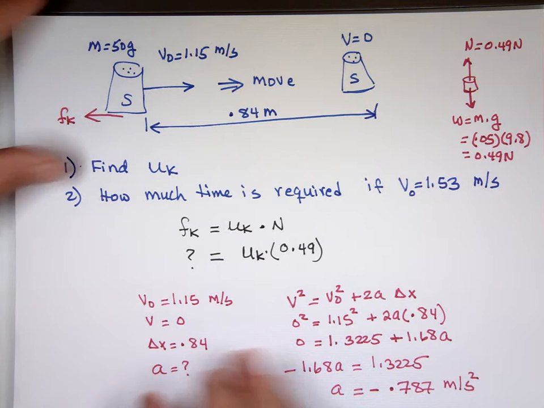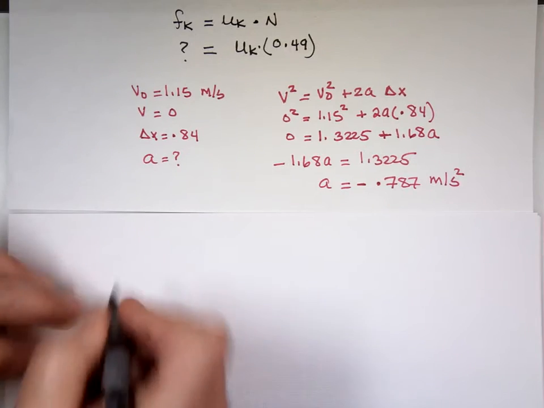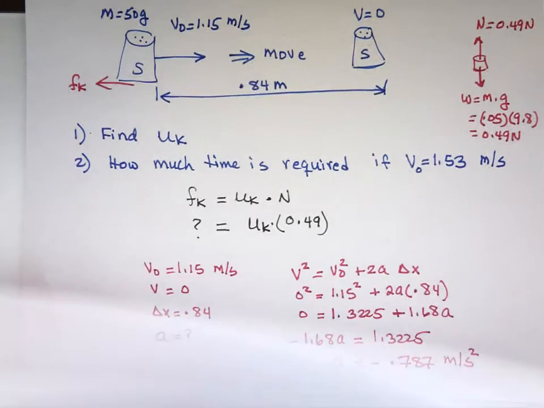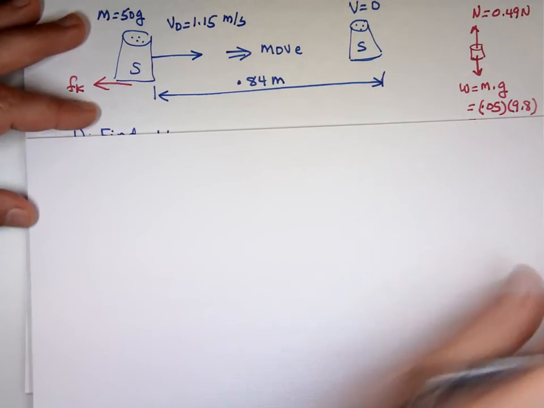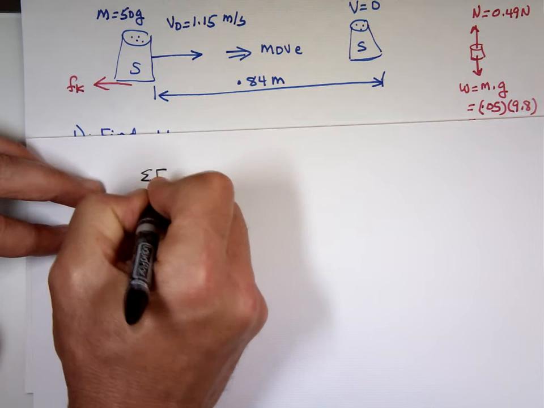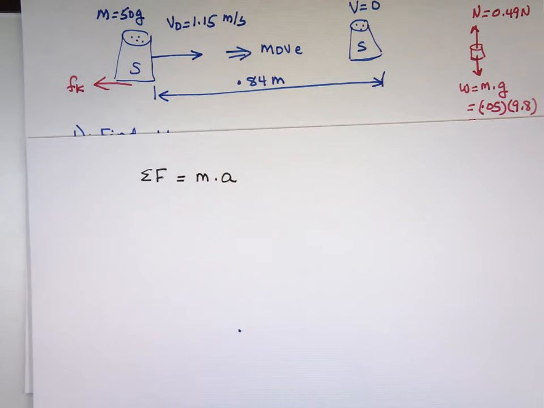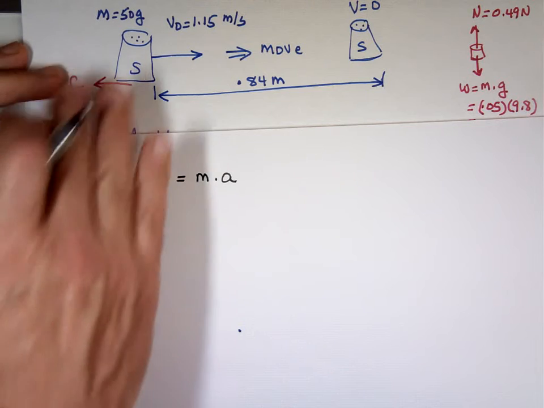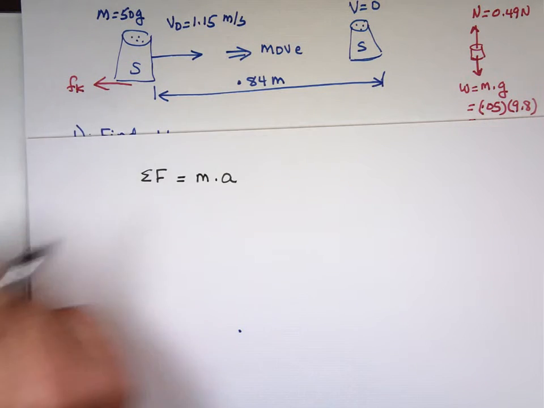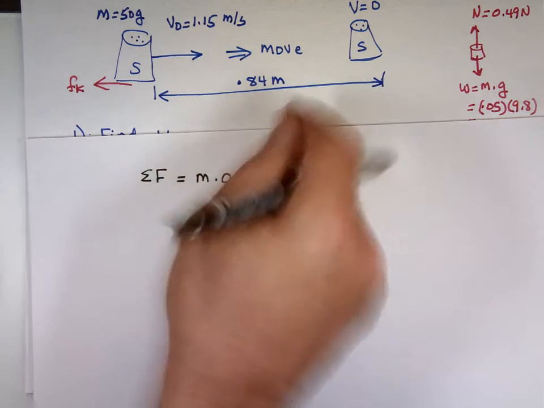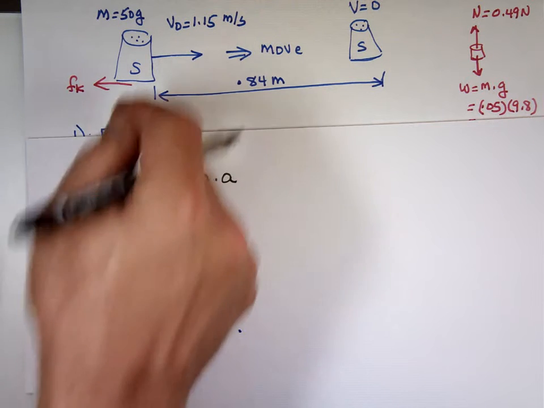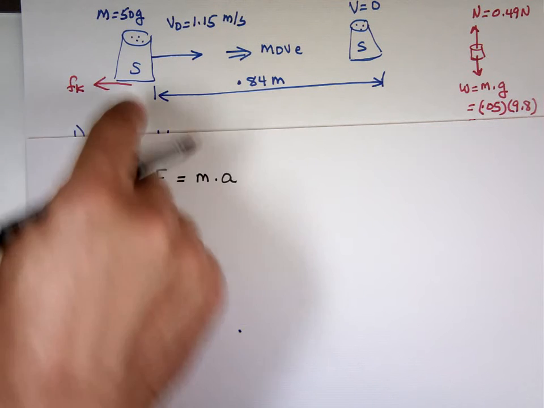If an object is moving, Newton's second law, the net force equals mass times acceleration. Now let's talk about this. You push the salt shaker to the right. Let's define to the right is positive, to the left is negative. Your friction force is backward. That's the only force acting on the salt shaker.